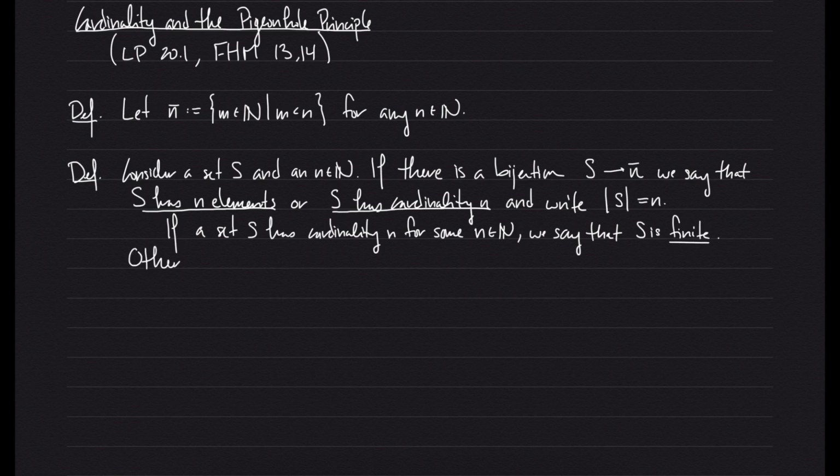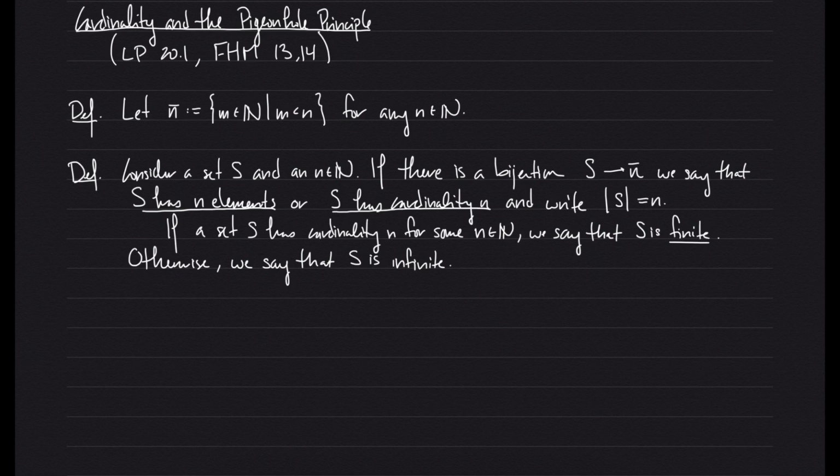And if it doesn't have cardinality n for any natural number n, we say that S is infinite. We'll talk in later lectures about different kinds of infinity, but not so much in this lecture.